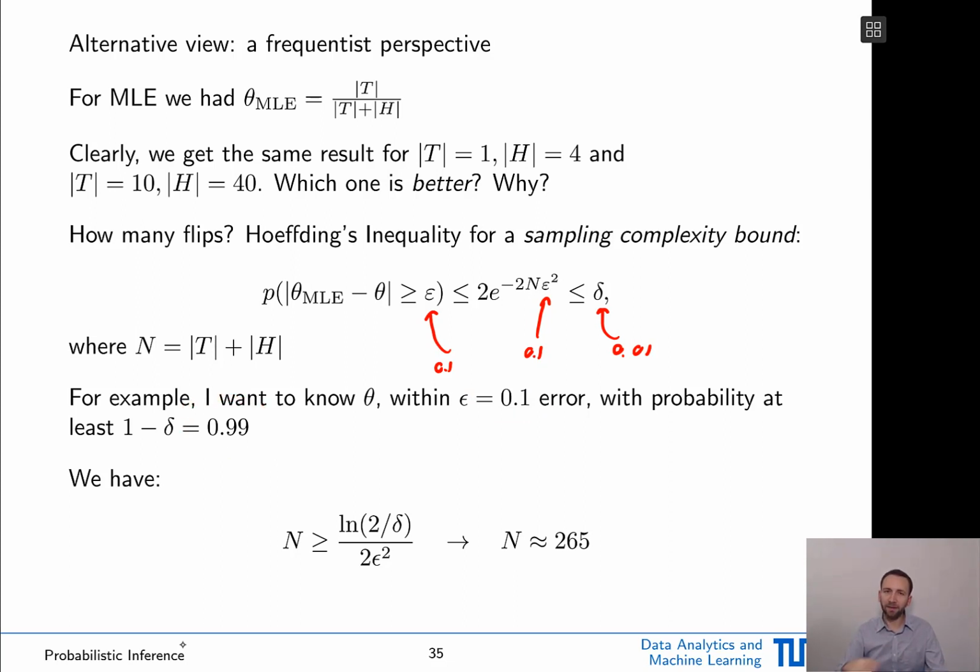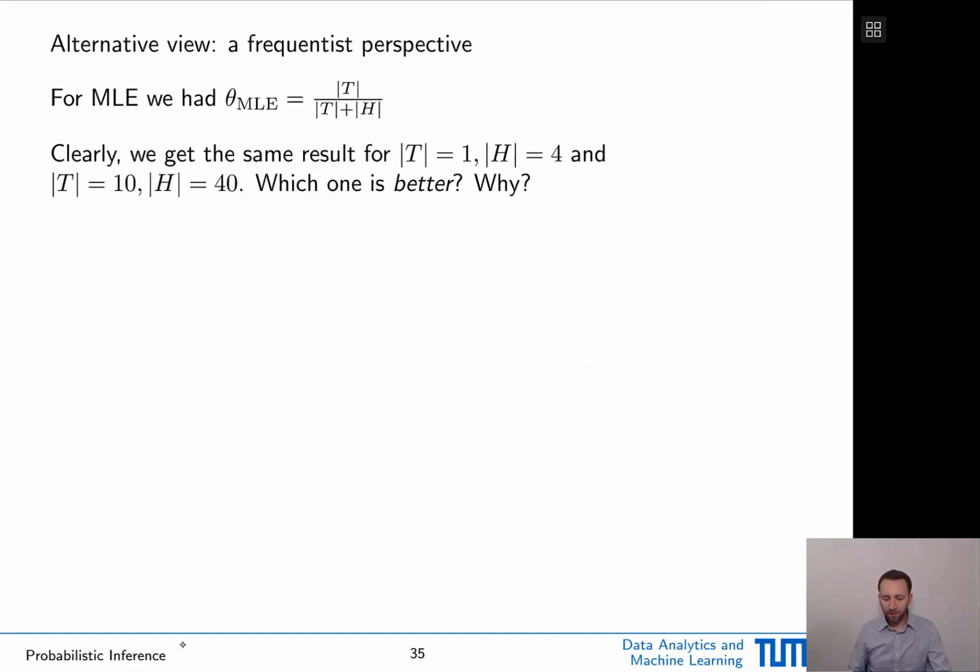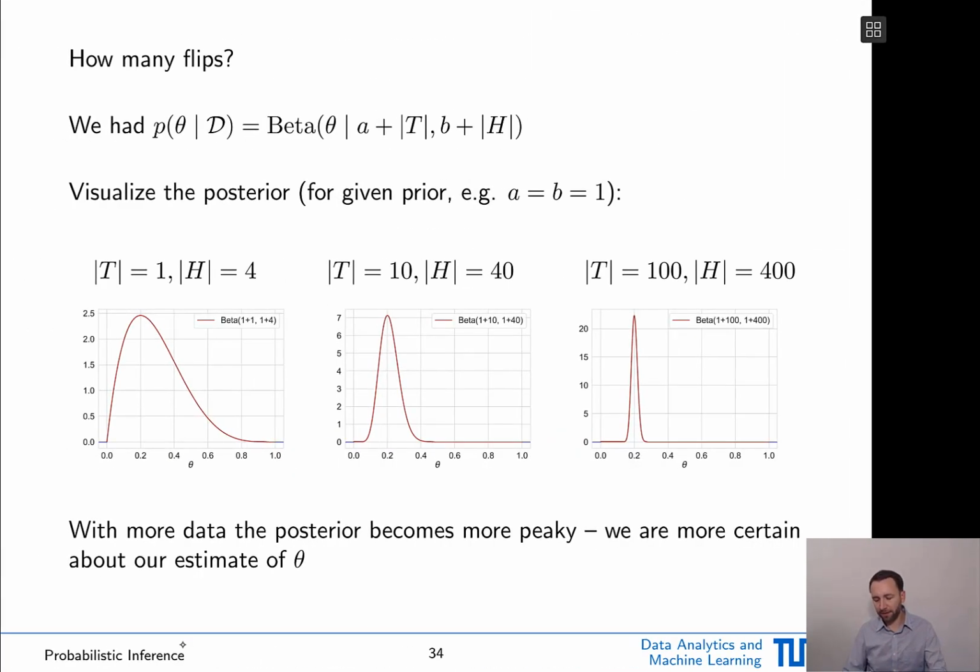So if you want to phrase it intuitively, this really says with very high probability, I'm close to the true estimate, right? With very high probability, I'm at most 0.1 off from the true estimate. And to achieve this, we need 265 samples. Okay? So that's another way of estimating this, which is a very different principle than doing this posterior visualization.